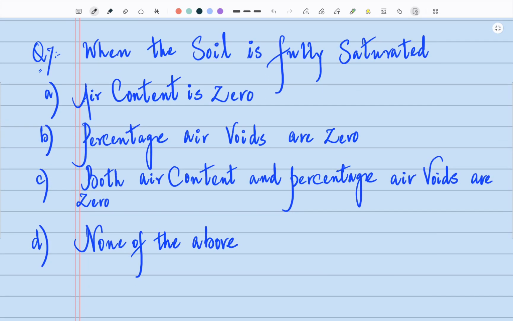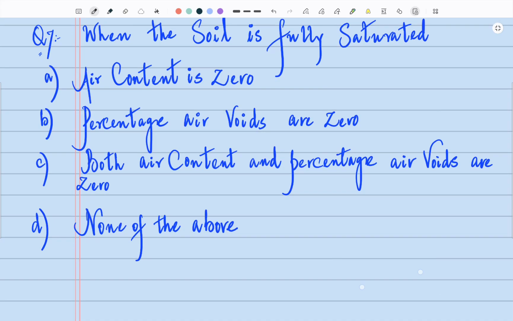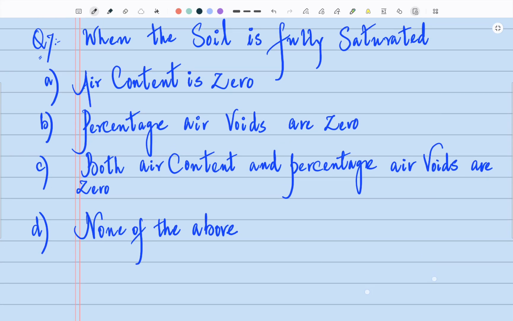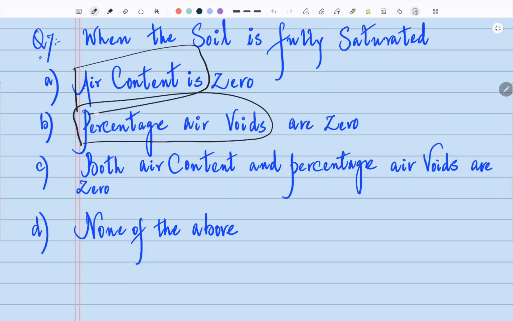All right, next question. When the soil is fully saturated, air content is 0, percentage air voids is 0, both air content and percentage air voids are 0, none of the above. All right, so before moving to this question, we have to learn about percentage air voids and air content.